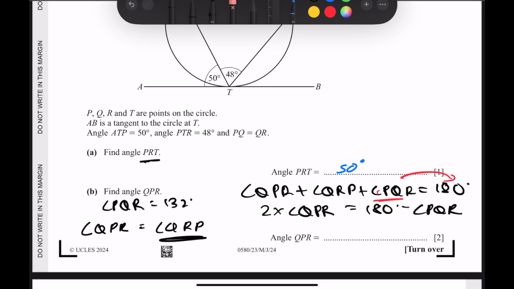And so therefore, angle QPR is equal to 180 minus PQR divided by 2, which is equal to 180 minus 132 divided by 2. This is equal to 48 divided by 2, which is equal to 24 degrees. This is your final answer for angle QPR.